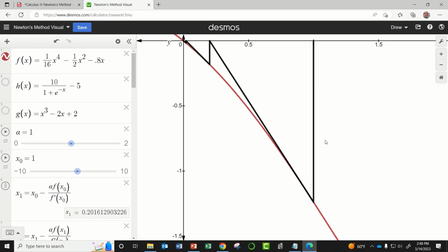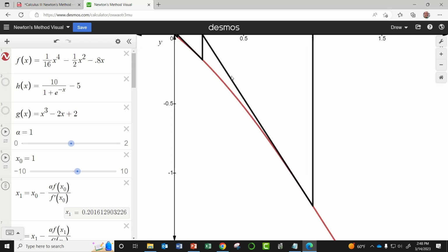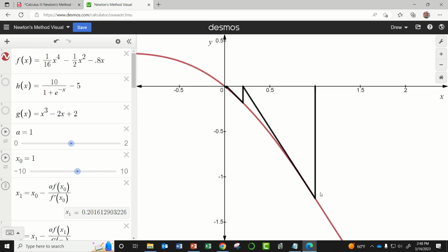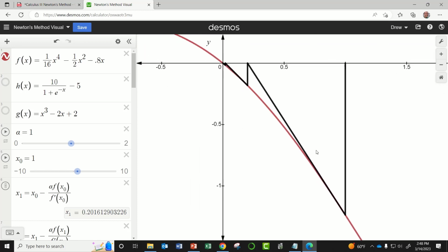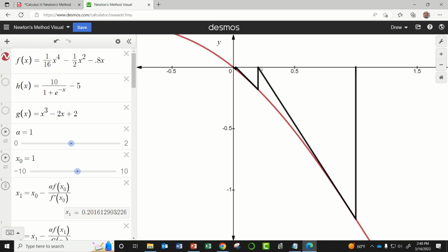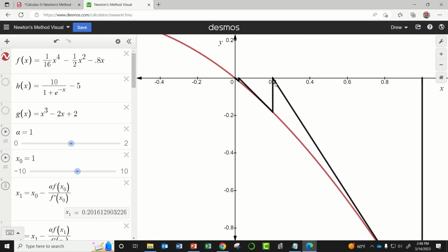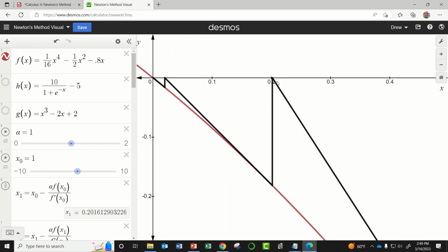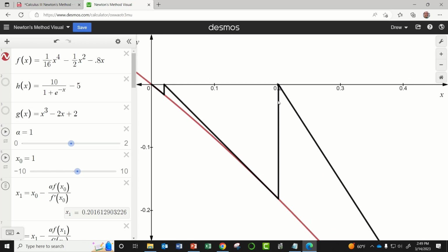And this diagonal line segment that makes the bottom of this triangle, that is the tangent line approximation of this red function at the point x equals 1. So we follow that tangent line approximation to calculate a 0 of the tangent line approximation, and that becomes the next iterate for finding the 0 of my function. So then I end up with the iterate x equals like 0.2-ish or something.